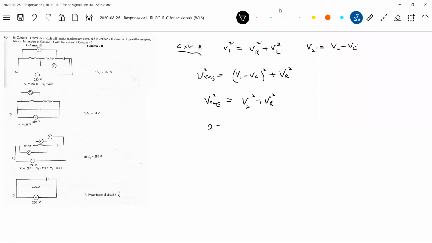VRMS square, 250 whole square, is equal to V2 square, where V2 is given as 200, whole square, plus VR square. I'll get the VR. Once I know VR, I'll substitute here. I know V1, so I'll get VL. After getting VL, then I'll get VC. Like that, VL, VC, all things are determined.